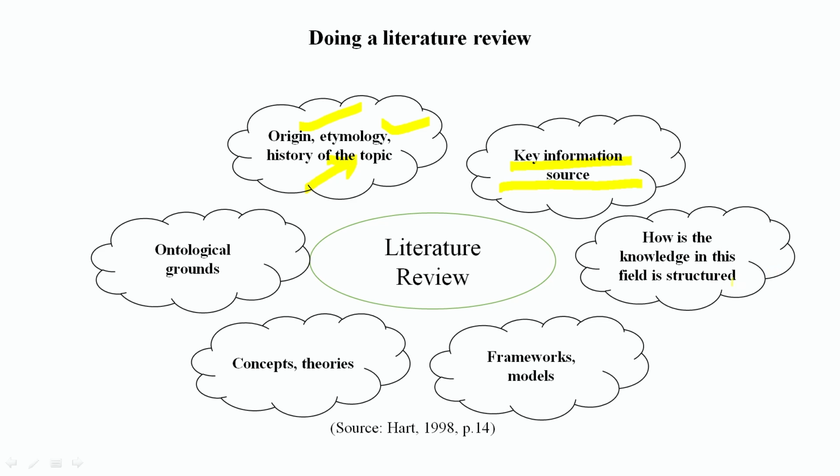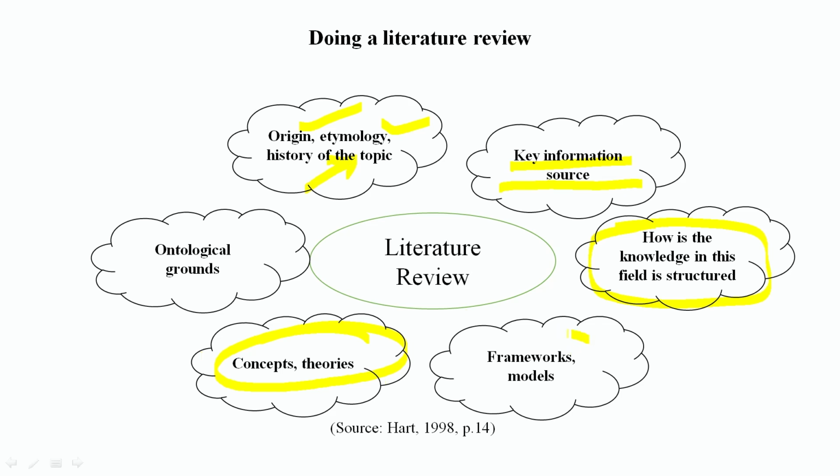Next, how is the knowledge in this field structured, meaning what kind of studies are going on. I told you earlier about quantitative studies, qualitative and mixed research methods. While you read, you will get a better understanding of what kind of research happened in your area before, and it will speak about the concepts and theories, widely popular theories and concepts, that you can get from literature review.